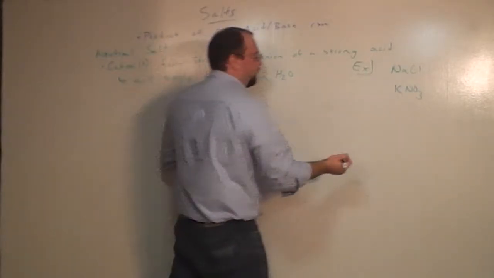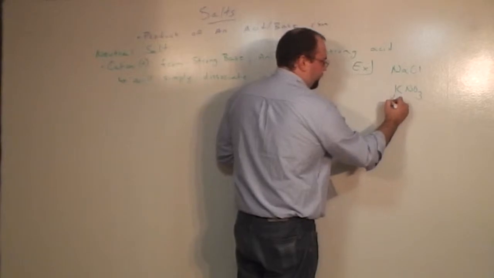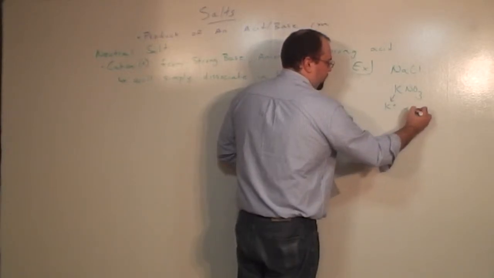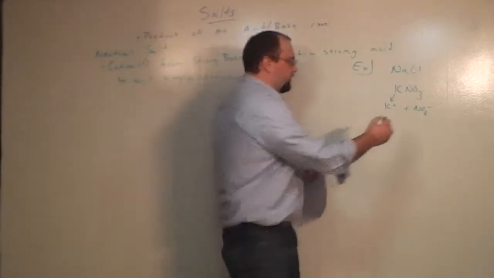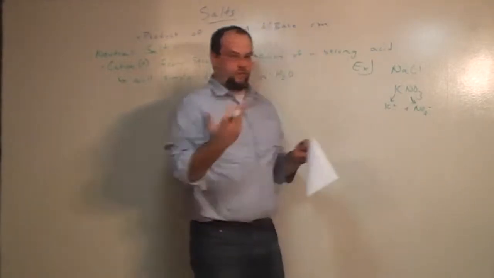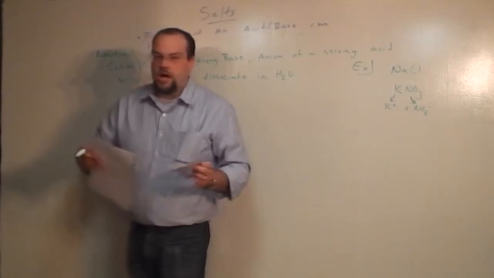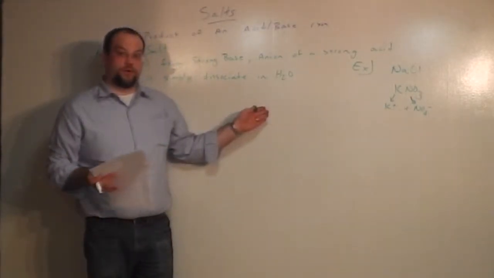So an example of that, let's say KNO3, it's going to dissociate and turn into K+ and NO3-. Okay, so it would just simply dissociate. It's not going to really react with the water. It's not going to do anything. It just dissociates in the water.